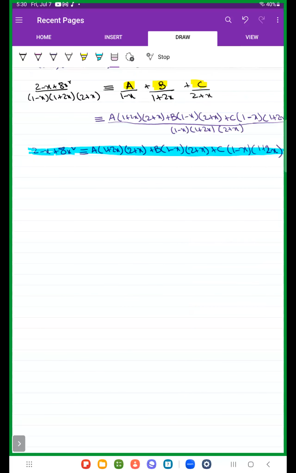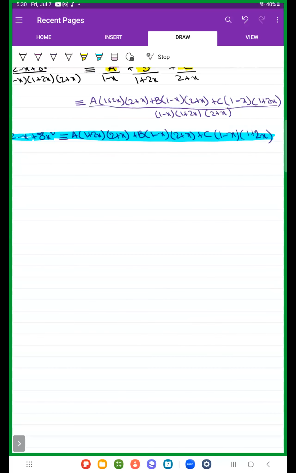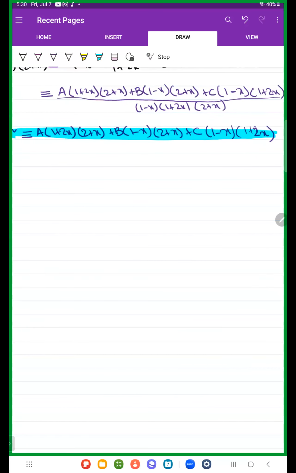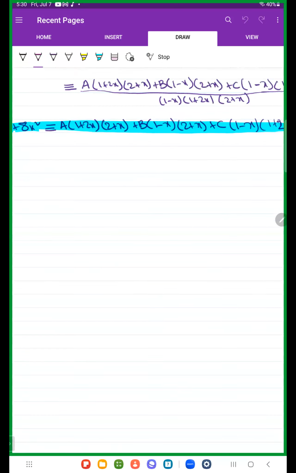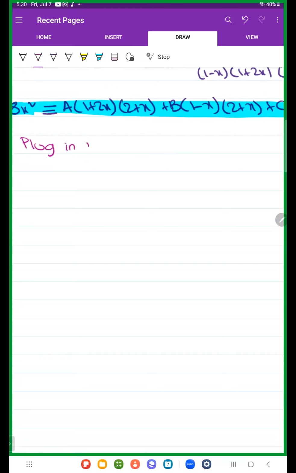So now the strategy we'll be using is, these are completely equal, so we can put in any value of x on both sides and it will be equal. So we will be plugging in different values of x on both sides.